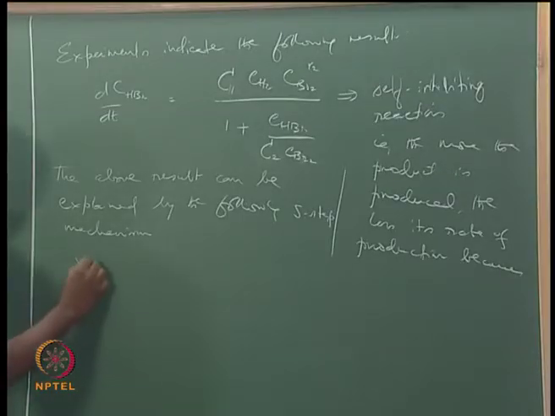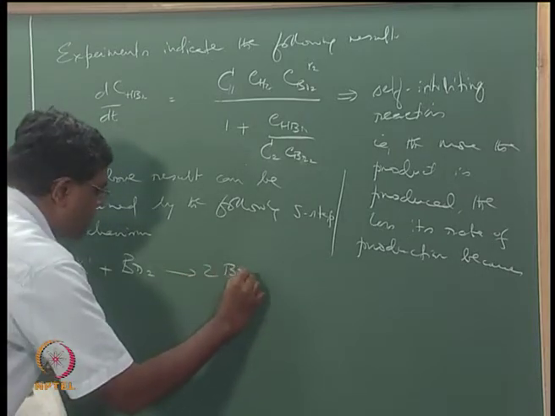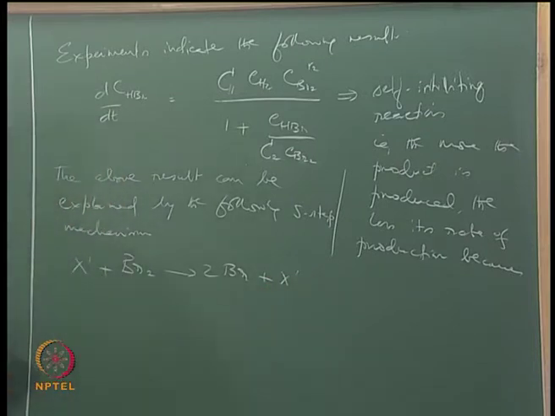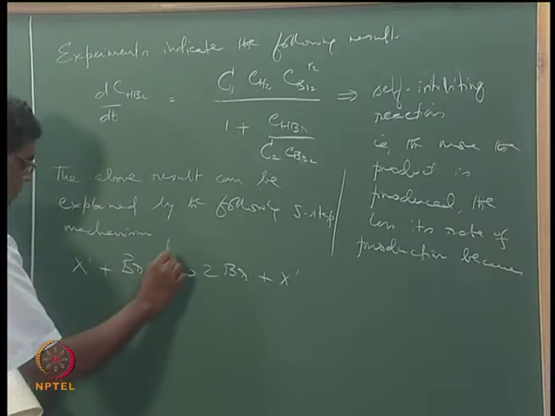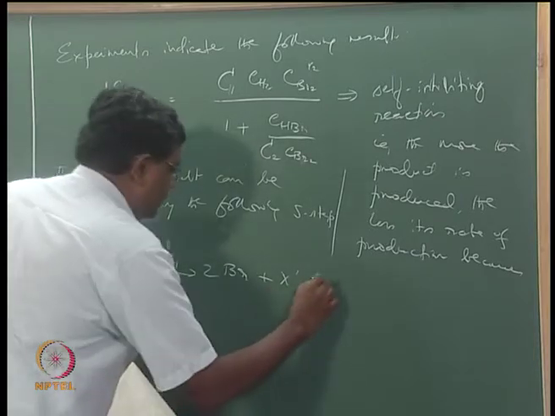Say there was some species X prime that bromine collided with to form 2Br, an intermediate, with a rate constant K1, and let us call this reaction 1.